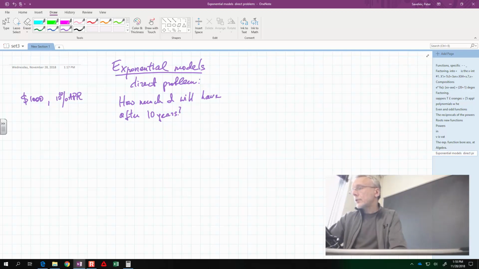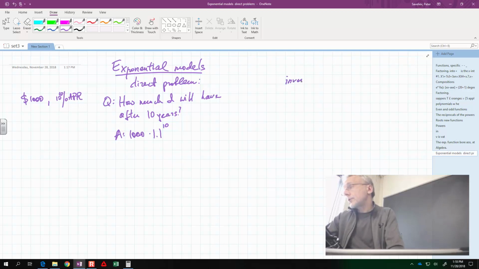The answer is naturally 1,000 multiplied by 1.1 to the 10th power. In other words, compounded interest.